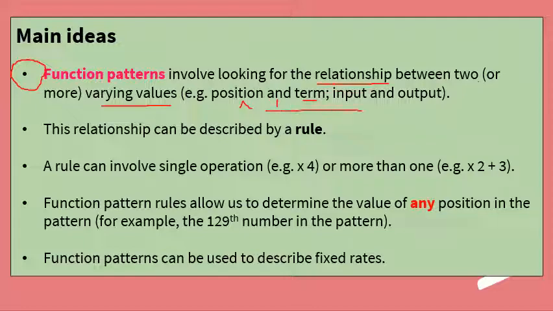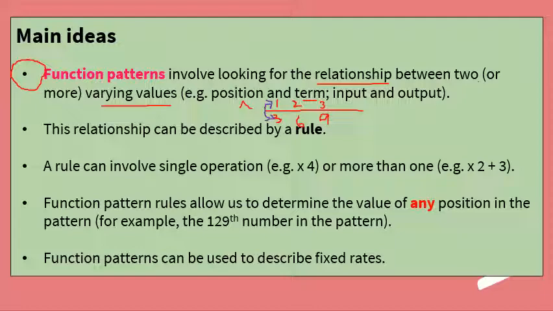Position number 1 and our term is 3. Position number 2 and our term is 6. Position number 3 and our term is 9. We're looking at what the relationship is between these 2 varying values. These values can change, and as they change, we need to figure out what the relationship is.